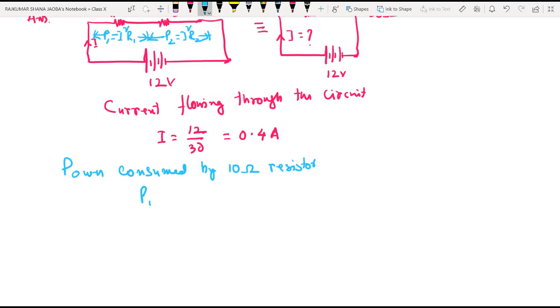So P1 equal to I square R1, that is 0.4 square into 10. So that is 1.6 watt.